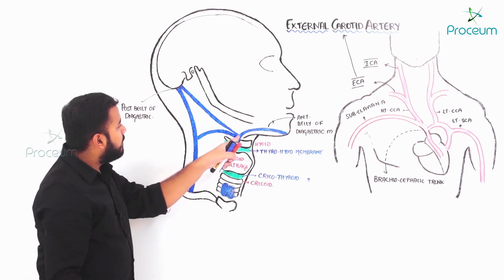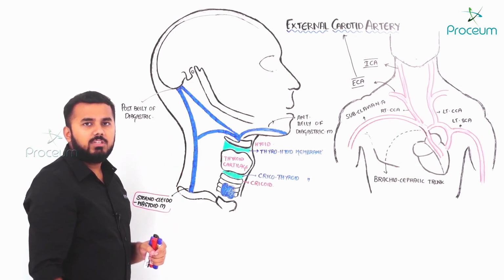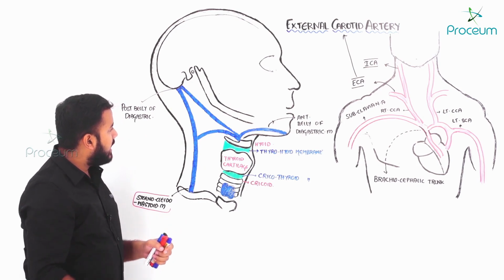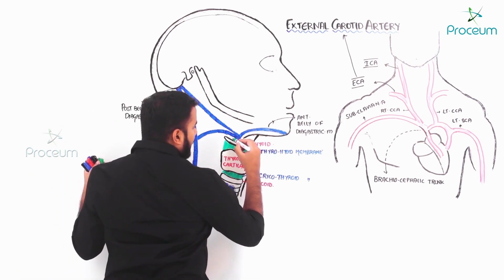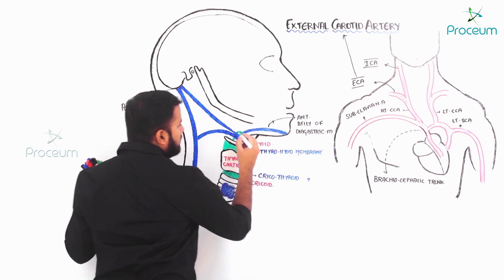Then what if this part becomes loose? Actually what happens is that there is a tendon present on this hyoid bone.